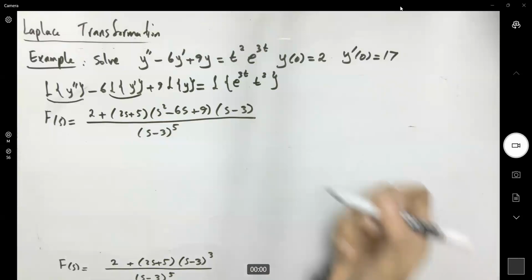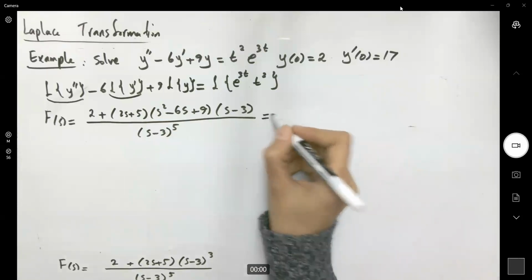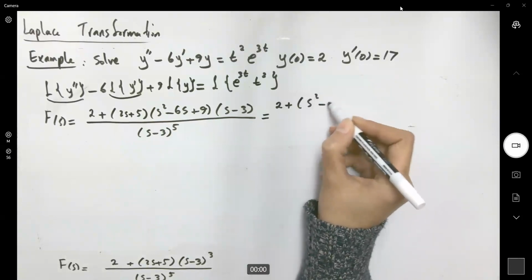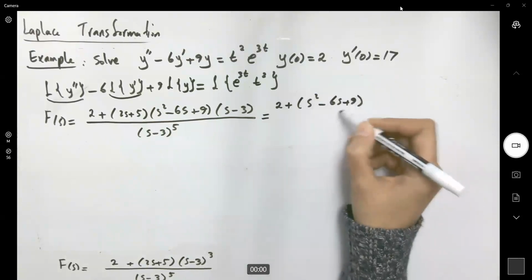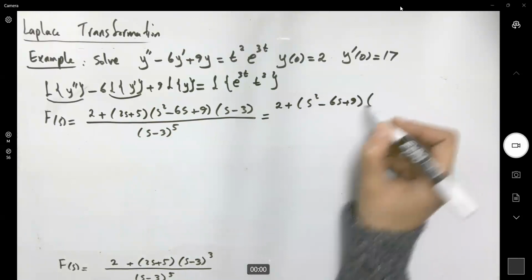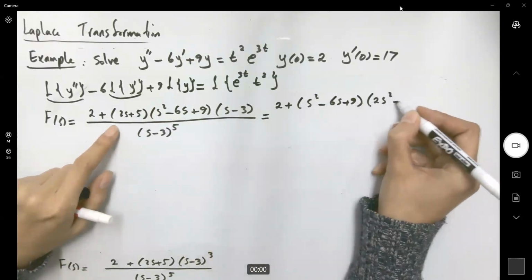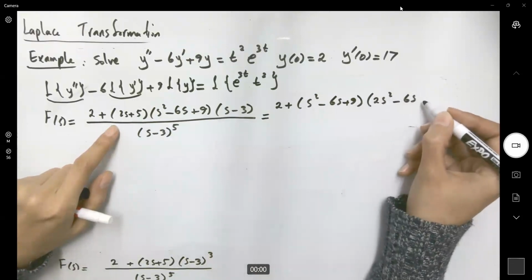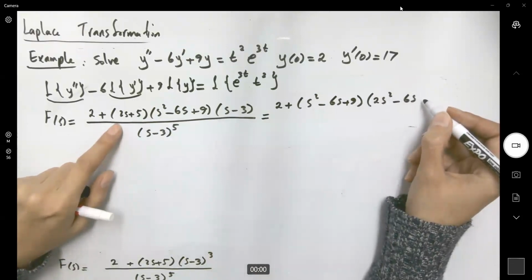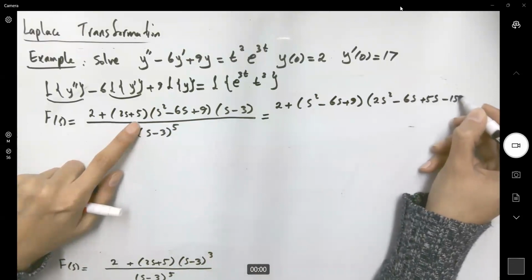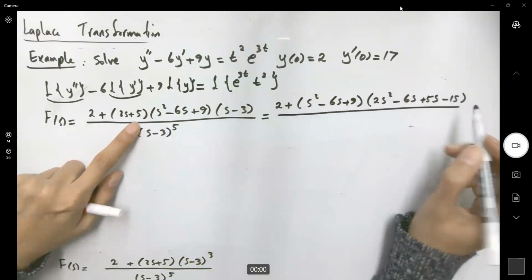Very good. So let's see, what do we get? We get 2 plus (s squared minus 6s plus 6s plus 9), and then if I multiply these two, I get 2s squared minus 6s, and here you have 5s minus 15. Then you have to do another multiplication.